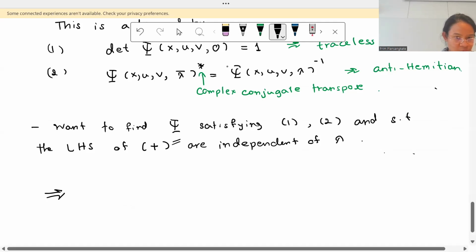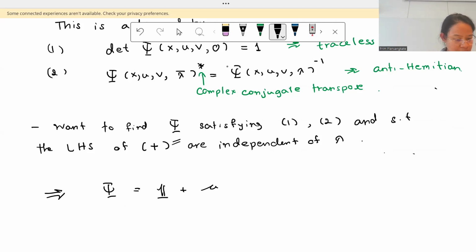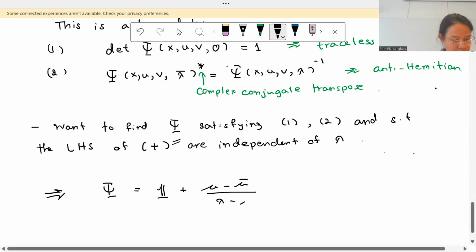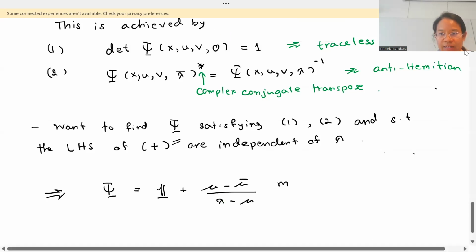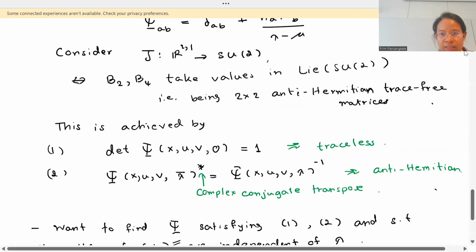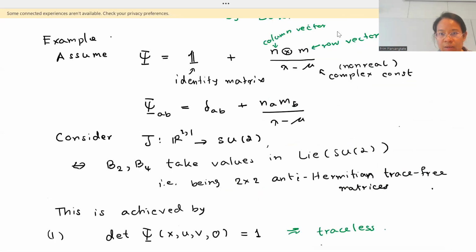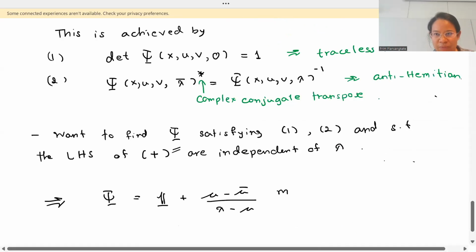So psi will be in this form: the identity, plus mu minus mu bar, and so on, for some column vector n tensor product with m, right? But if we impose all the conditions, it turns out that n is in terms of m. So what we have will be this.